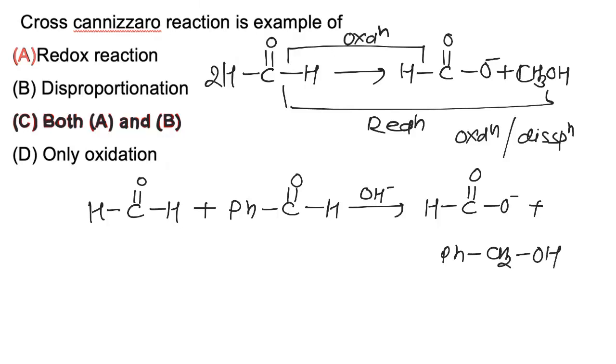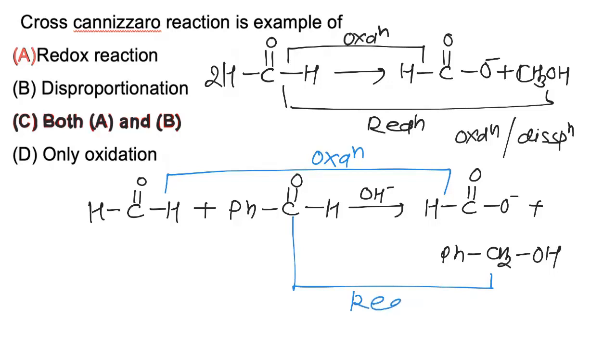Now in this case, this is an example of redox reaction because one compound is getting oxidized and the other compound is being reduced. But this is not an example of disproportionation reaction because during disproportionation reaction the same compound is being oxidized and the same compound is being reduced.